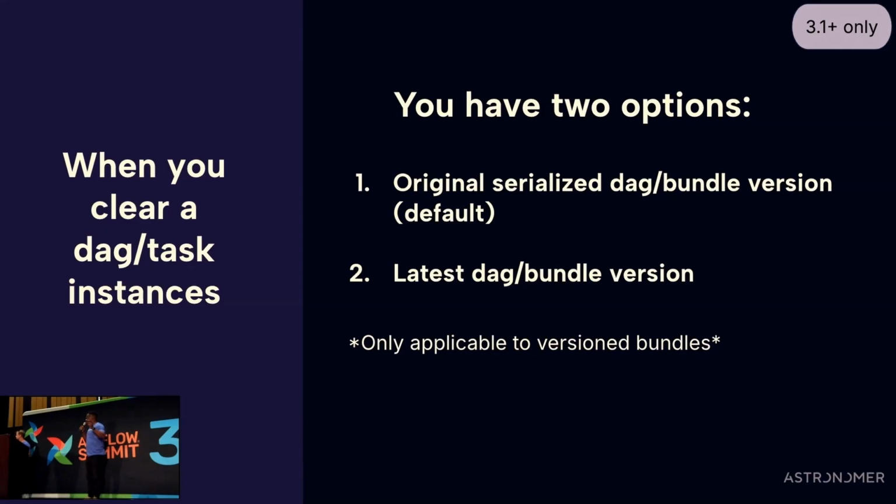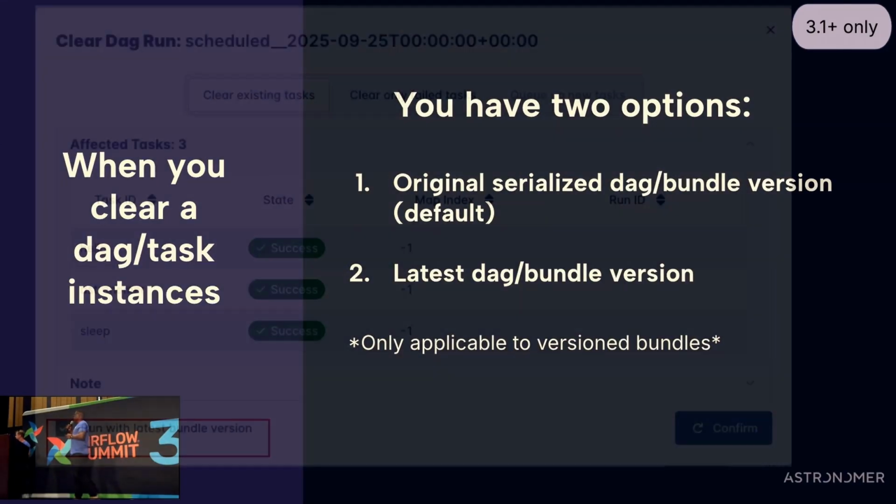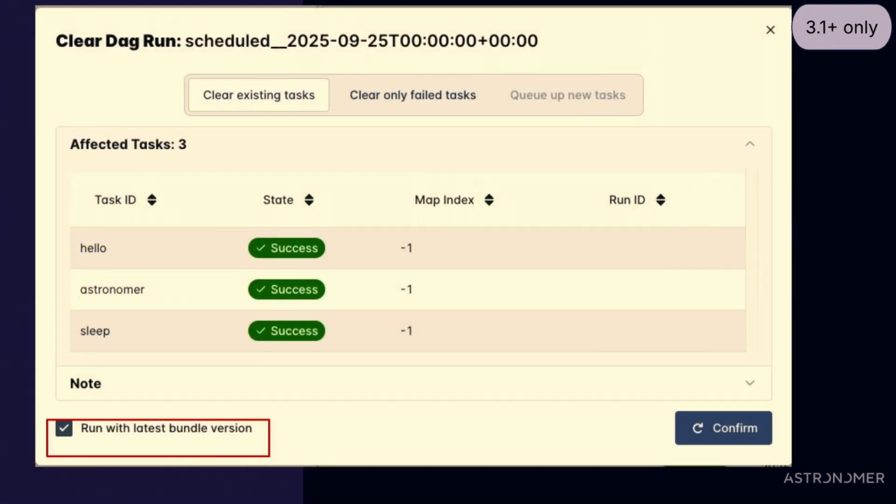So this is only applicable to versioned bundles. The pop-up will show you this, and at the bottom left you see an option to run with latest bundle version. This is something you see in Airflow 3.1 for versioned bundles. You don't get that with non-versioned bundles.